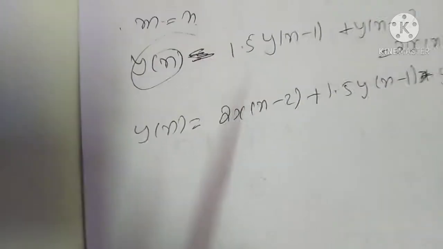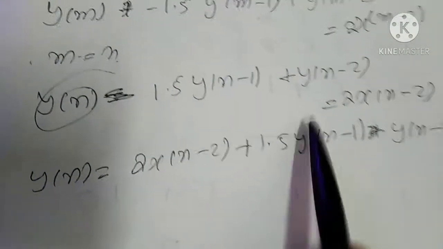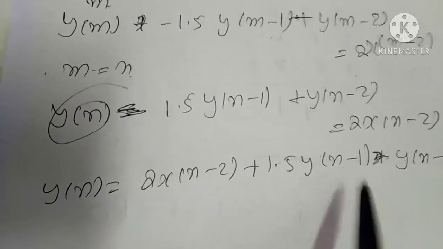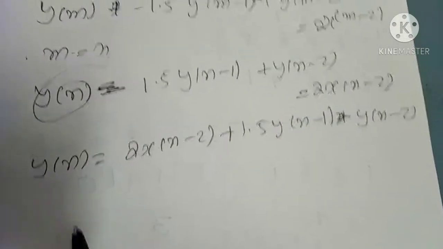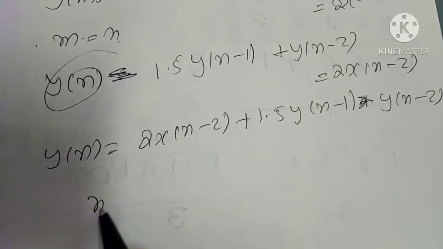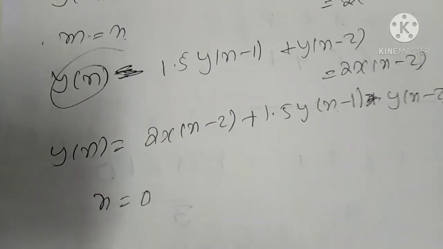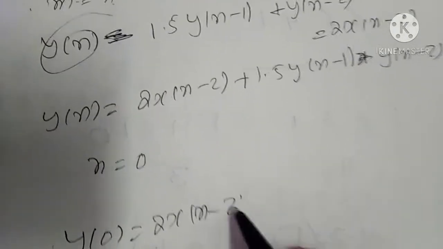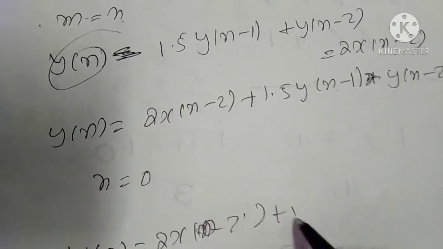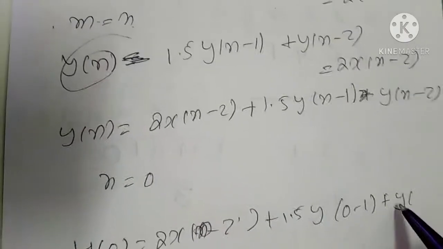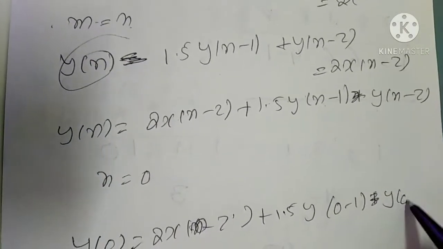So here the value of n, here we have some values, what we call initial values or previous values. So these initial values can be calculated as follows. If I take n is equal to 0, then what happens? y of 0 is equal to 2 into x of 0 minus 2, plus 1.5 into y of 0 minus 1, minus y of 0 minus 2.